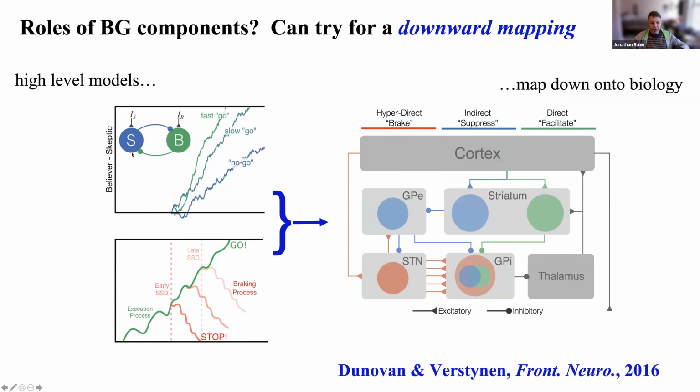Okay, and so people have tried to do a mapping where they say, we have this wiring diagram, and we have these high-level representations in this drift framework. For example, people have talked about a believer-skeptic competition where, to think of a neural implementation of DDM, you can imagine a skeptic population that tries to prevent movement, and a believer population that tries to promote movement or a decision, and they compete, and that produces the trajectories here.